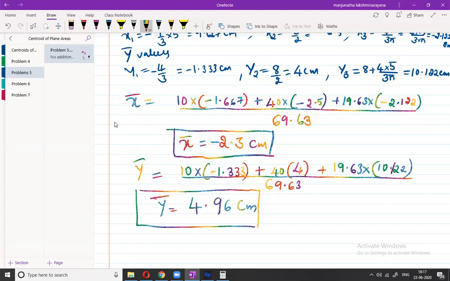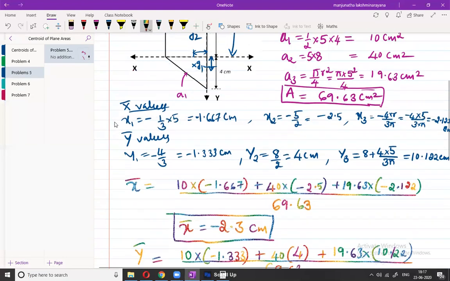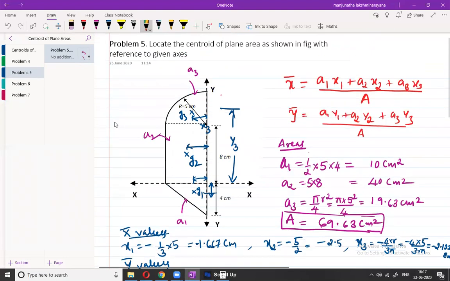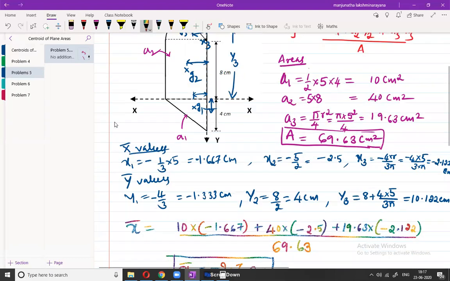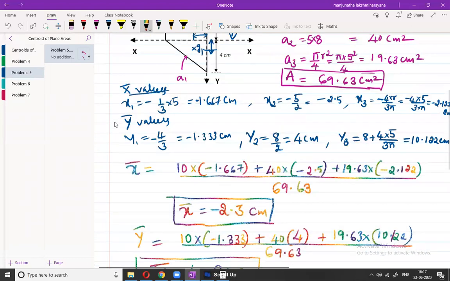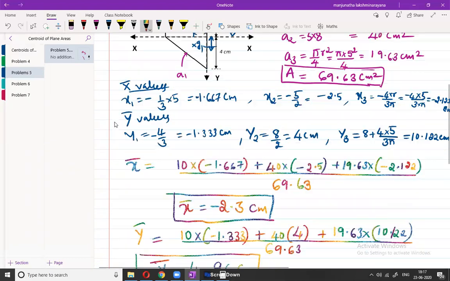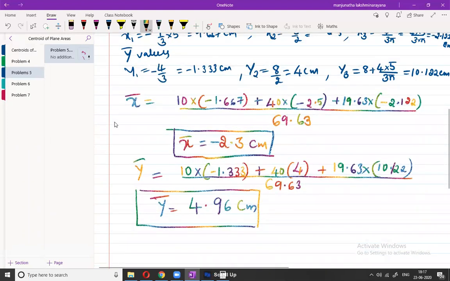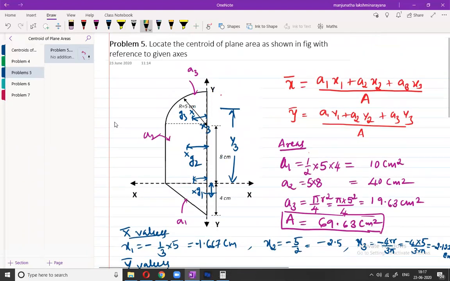Now let us see whether the values you got may be correct or wrong, but you should be able to judge. You should have some common sense. The value of x bar is 2.3. Don't forget about this reference axis.